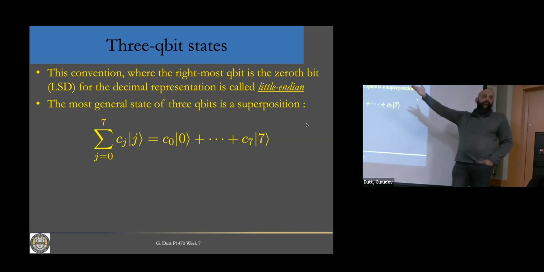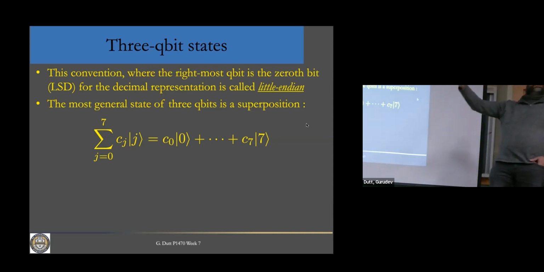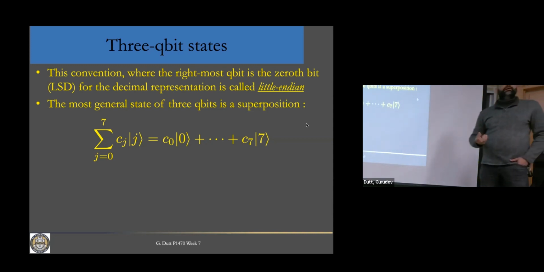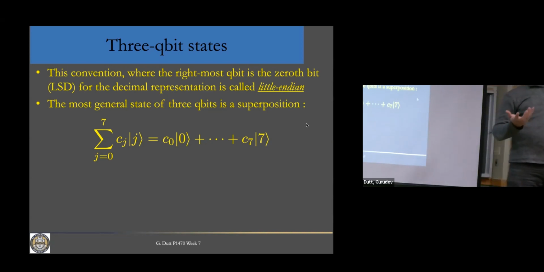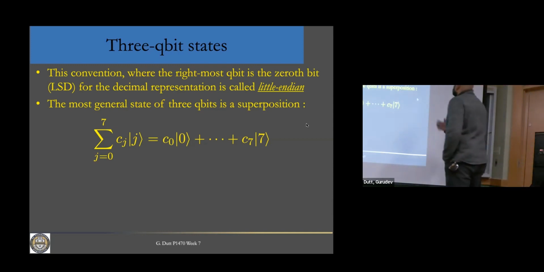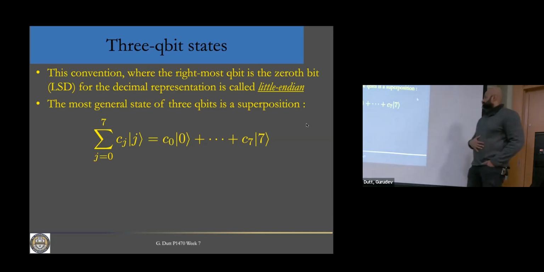If you know a little bit of computer programming, you know about this when you have had to deal with anything in memory. If you are actually accessing it, different compilers will represent numbers, the floating point number, with different notations. One is called big endian, where the least significant bit is the first bit in that string. And the other one, little endian, is where it's the rightmost bit in the string.